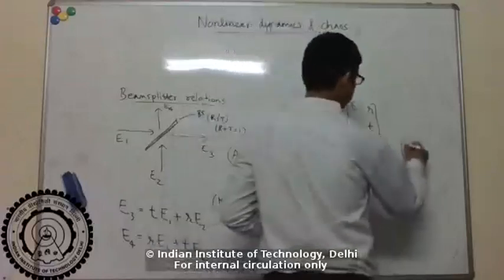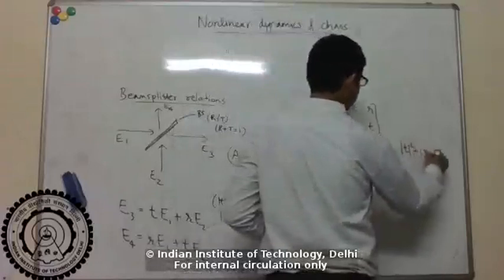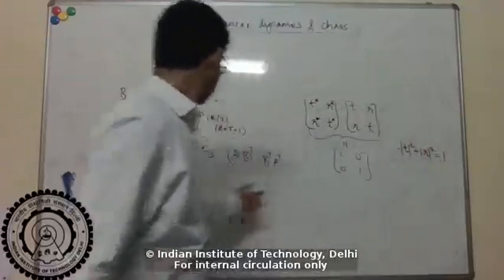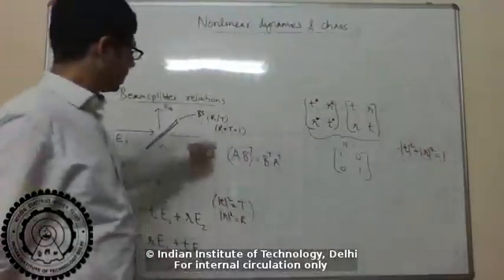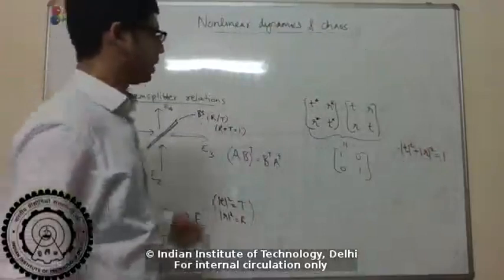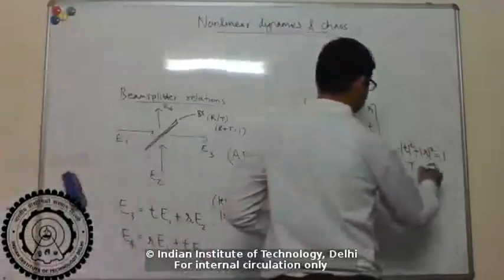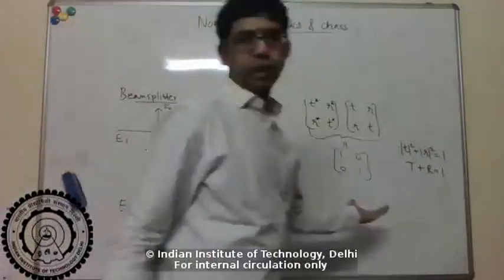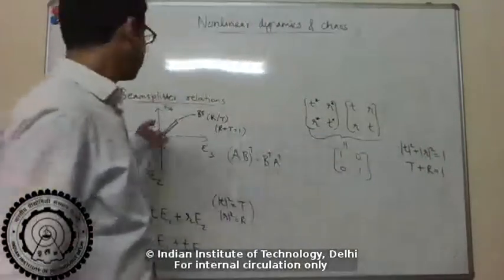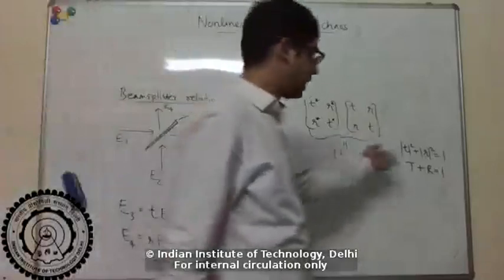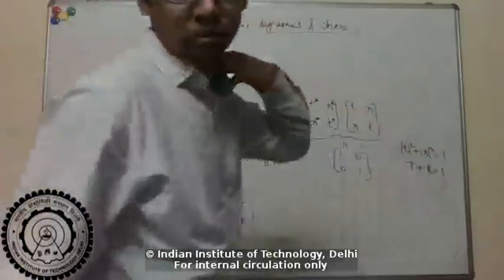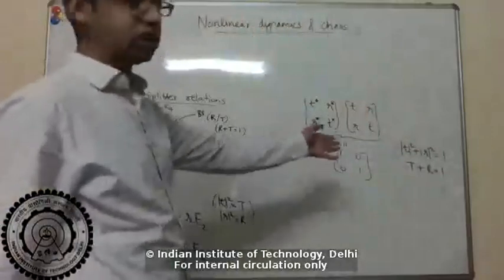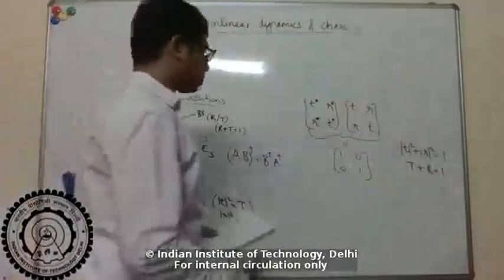So first condition is, but we already know this, which of course is expected for a lossless beam splitter, right? The transmission and reflection power coefficients should add up to 1.